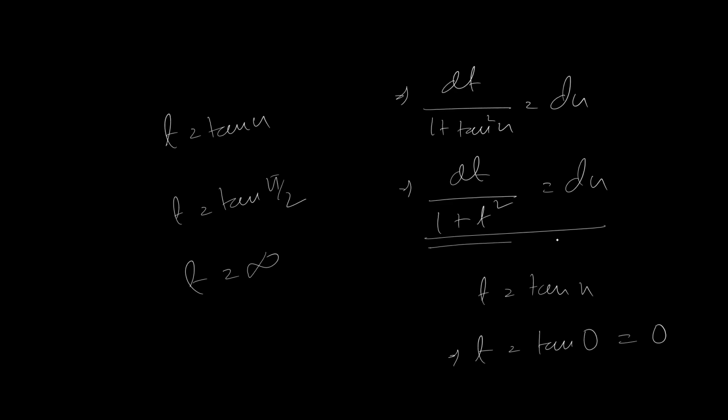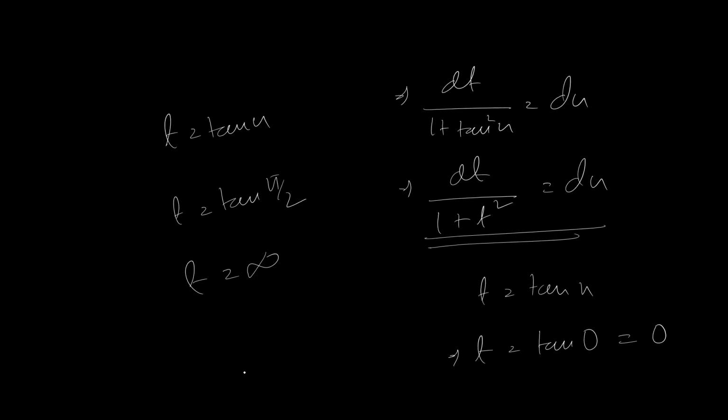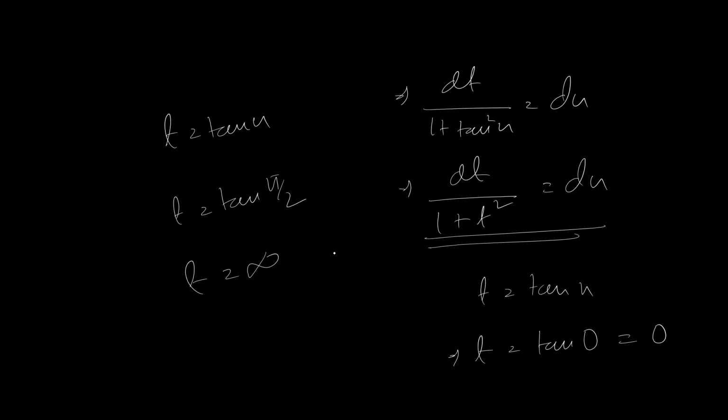Dx value how much I got? Dx value I got is dt by 1 plus t square. So in place of dx I will have to write dt by 1 plus t square, and since tan x value is t, this will become 1 plus 4t square. So this is 0 to infinity, 1 by 1 plus 4t square into dx, and dx value is dt by 1 plus t square.